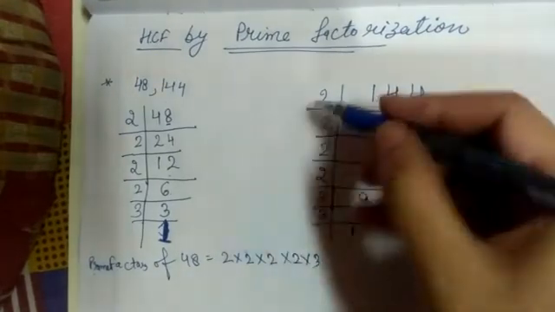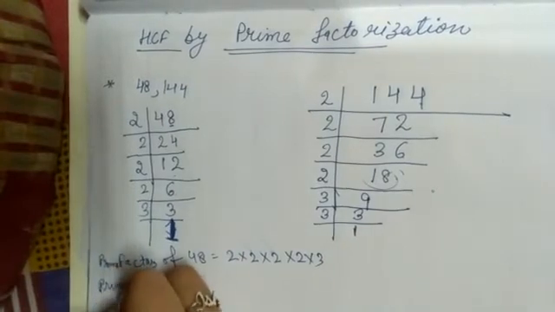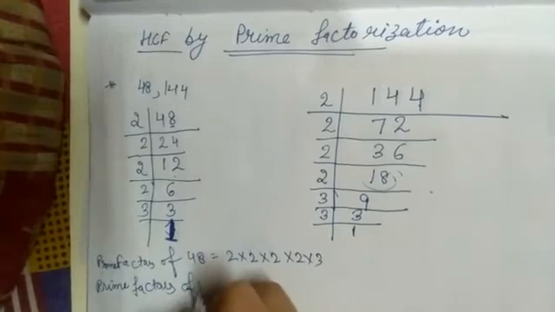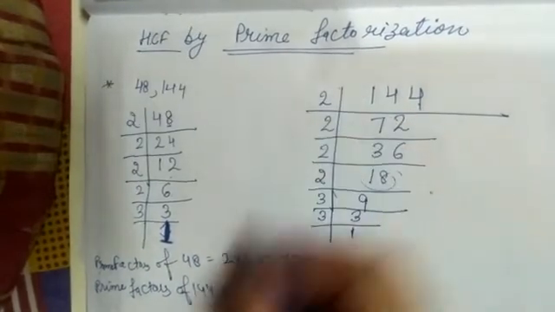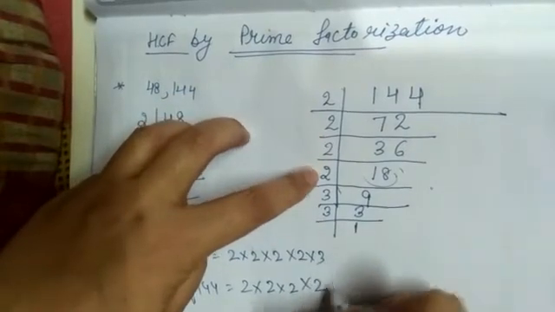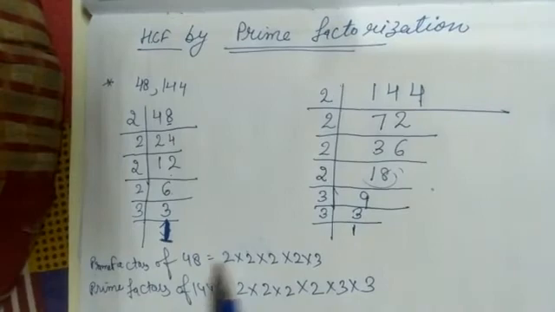So these are the factors of 144. Write the prime factors: 2, 2, 2, 2, 3 and 3.